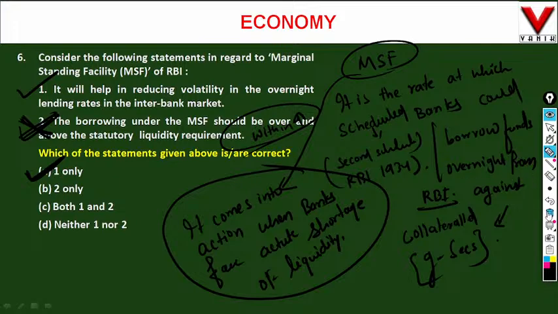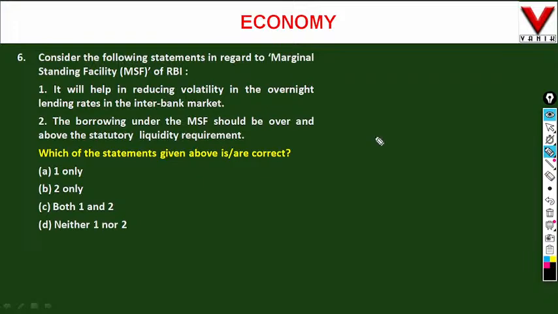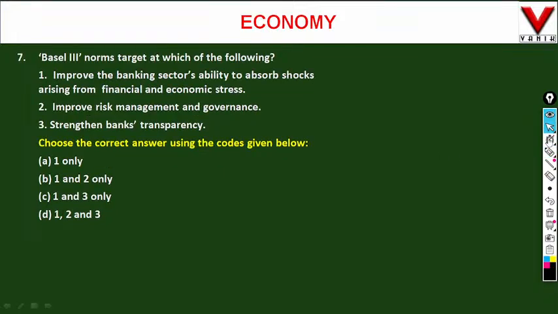Okay. Next question. Basel III norms target which of the following? Basically, what are the Basel norms?